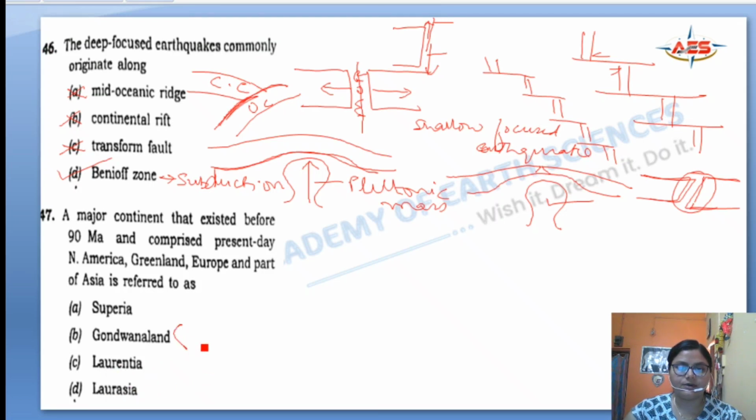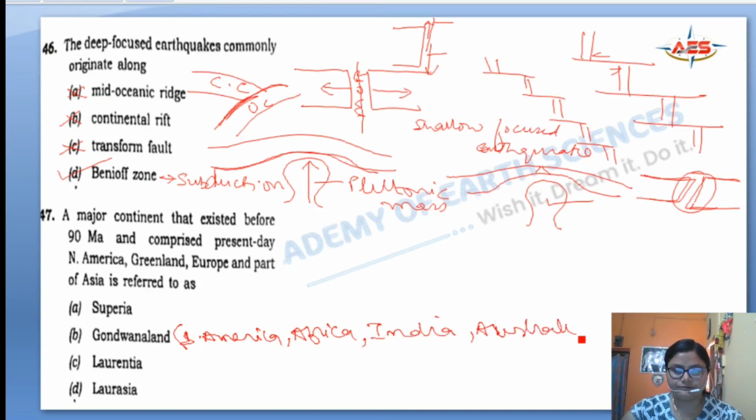देखिए, in the case of Gondwana land, it mainly consisted of South America, India, Australia and Antarctica. Okay. In the case of Laurentia, Laurentia जो था उसमें क्या क्या है? We have North America and Greenland.